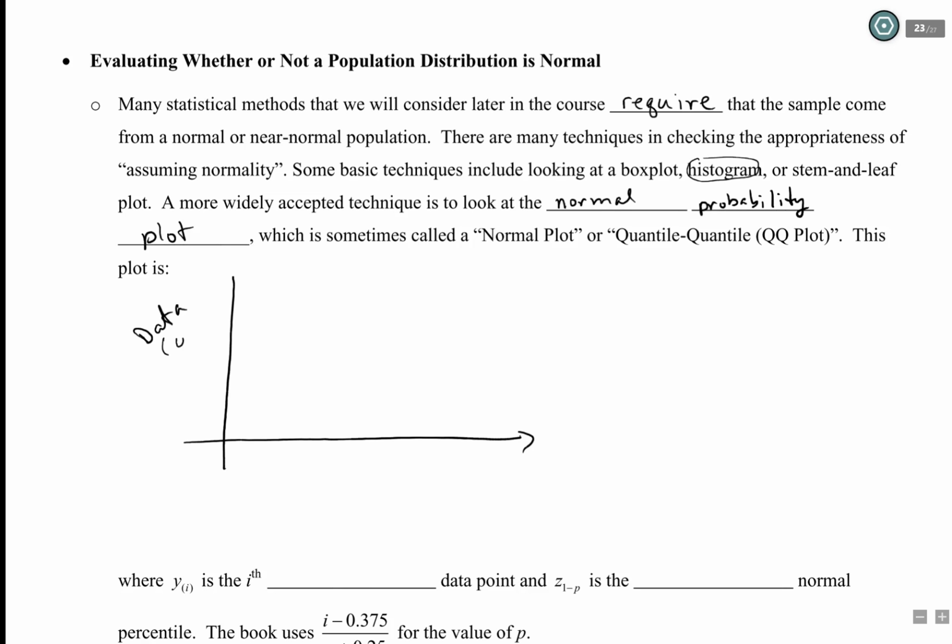You're going to plot the data, which is y sub (i), that subscript, the ith ordered data point, and on the horizontal scale you're going to plot this versus normal quantiles or normal percentiles, and the notation for that is z sub 1 minus p.